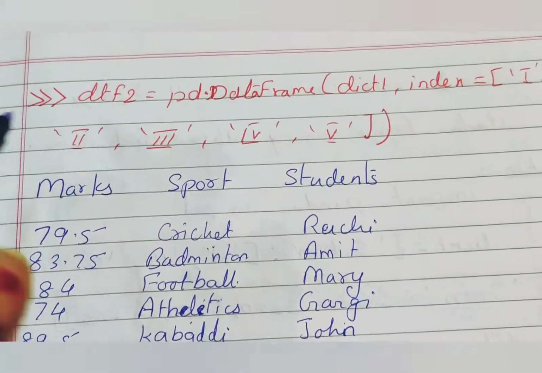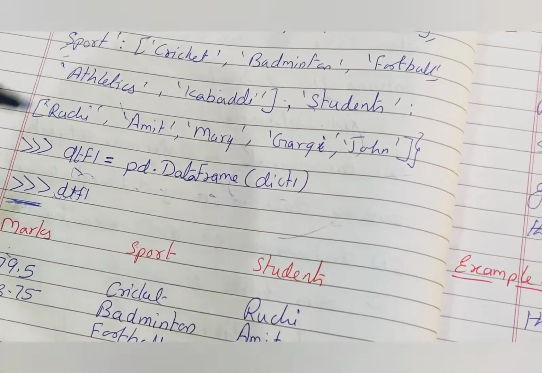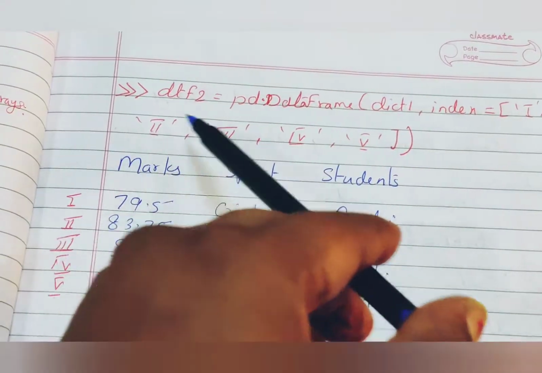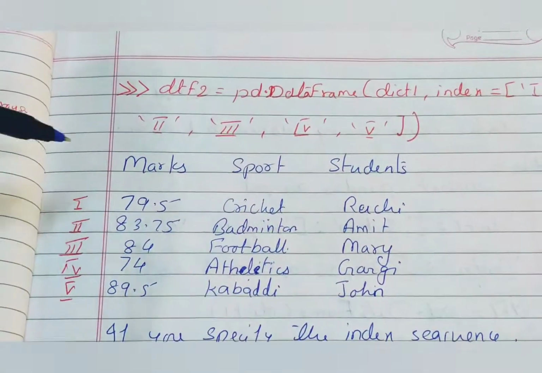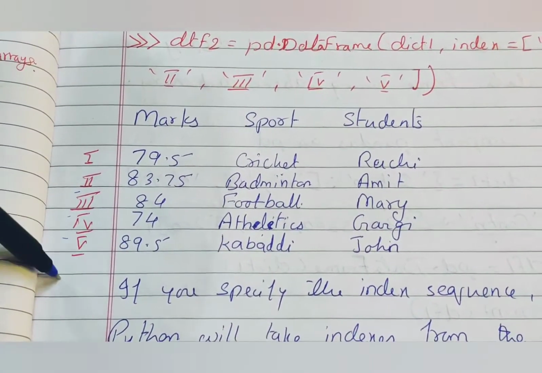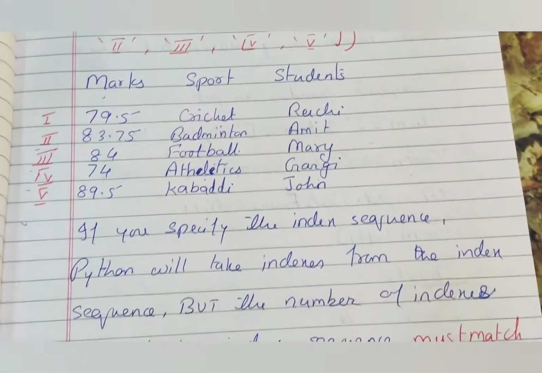Now df2 is there, in which pd dot DataFrame dict1 with an index. This is your dict1, and in that the index is 1, 2, 3, 4, 5. Now when you give the print, it will give like this: 1, 2, 3, 4, 5, marks, sports, students. Okay.